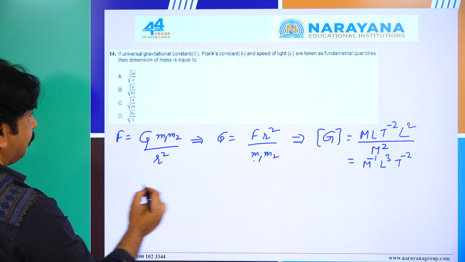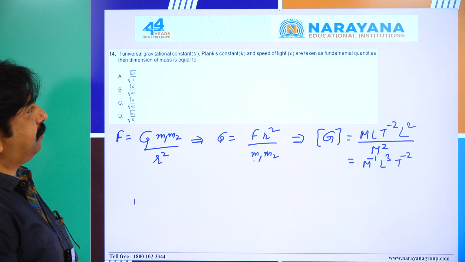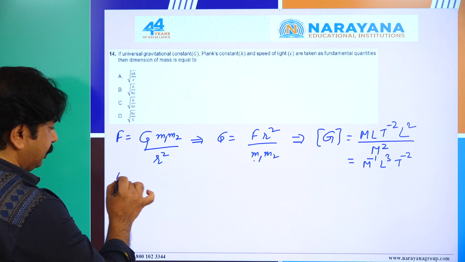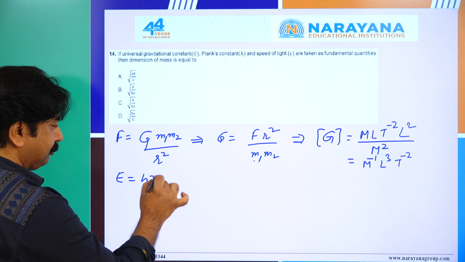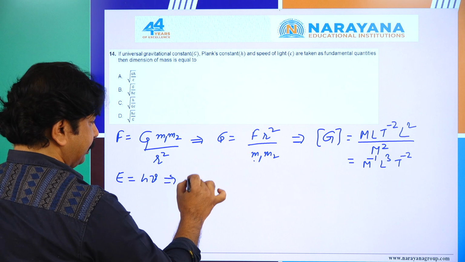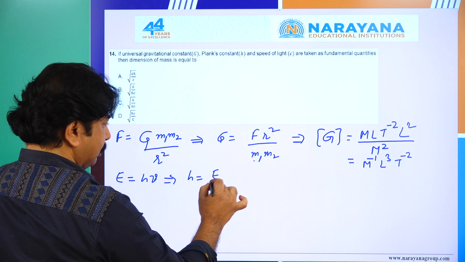Similarly, what is the general formula related to Planck's constant? Already we know E is equal to h nu. From that we can write h is equal to E by nu.